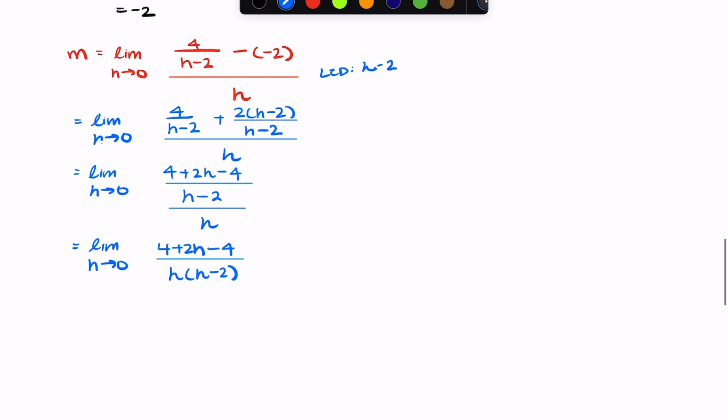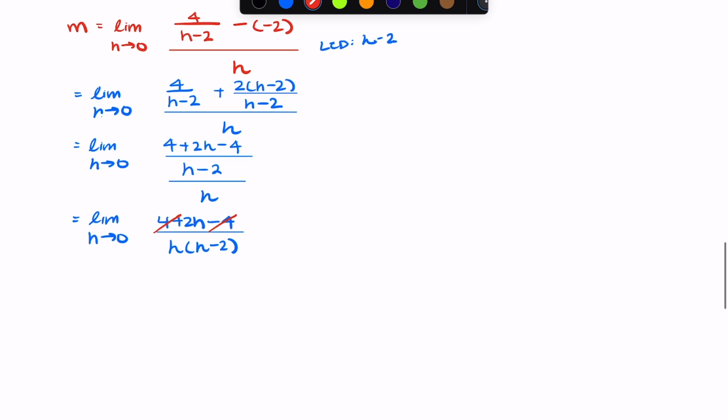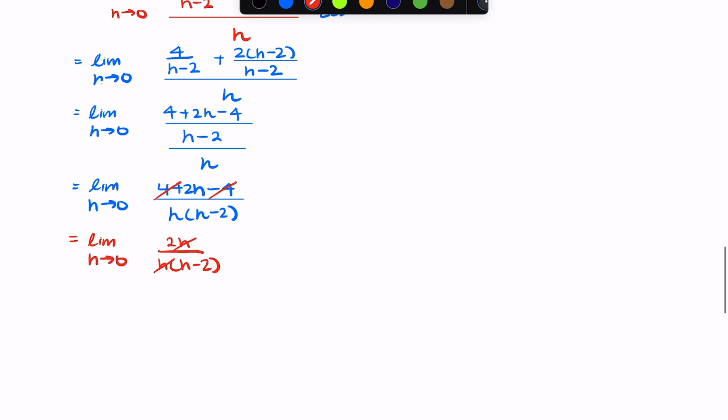We can see that the 4 and the negative 4 will cancel out, and we'll be left with the limit as h approaches 0 of 2h over h minus 2. Here we see that the h's can cancel out, and we'll be left with 2 over h minus 2.